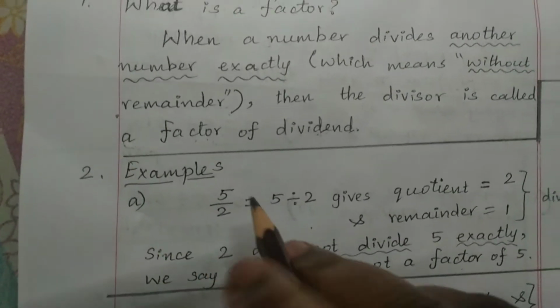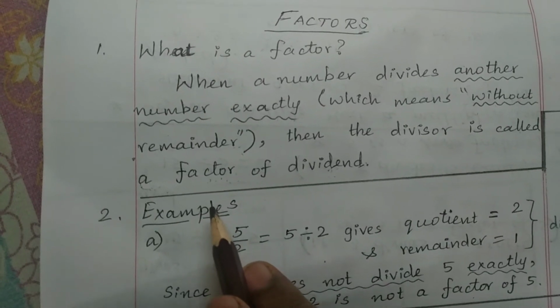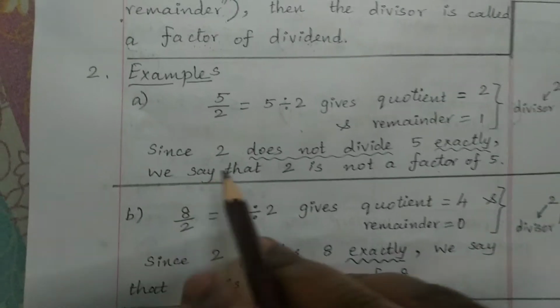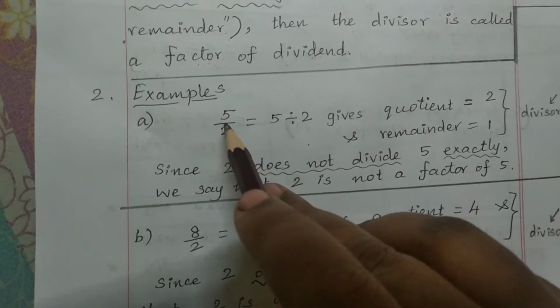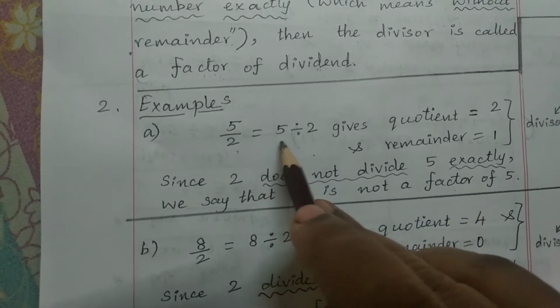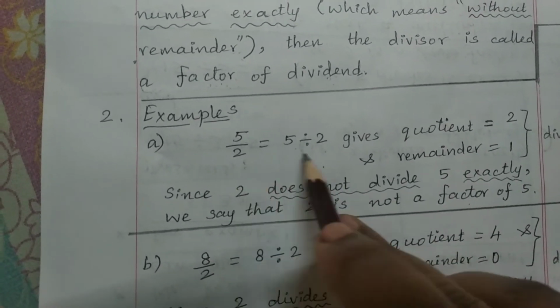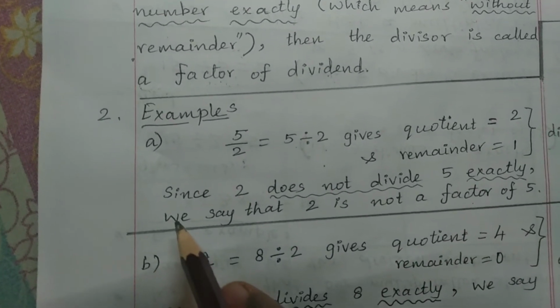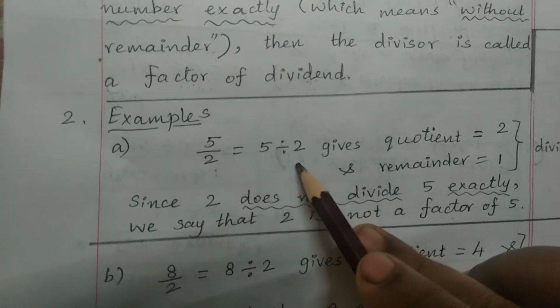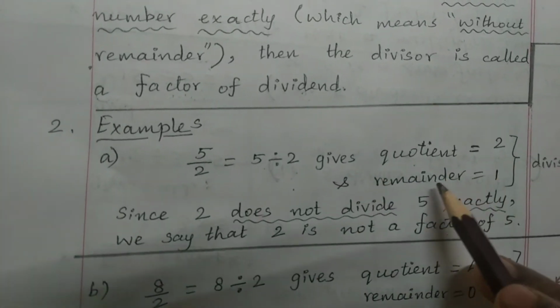Let me explain the factor of a number with some simple examples. Consider the division statement 5 divided by 2. It can be written in two notations, both of which are valid. This division statement gives quotient equal to 2 and remainder equal to 1.